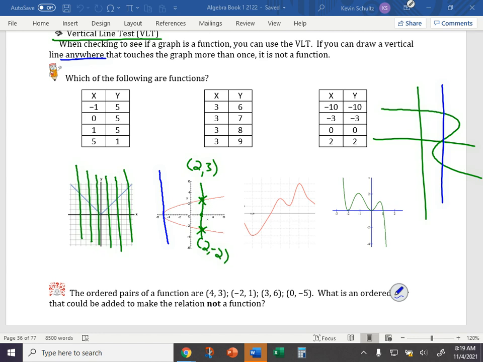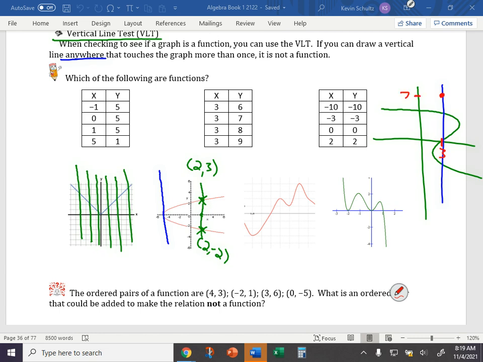Kylie. So if it would have been vertical, it would be not a function? Correct. Why? Because of a vertical line, let's just use this vertical line here that I've got drawn. If this was our graph, this ordered pair, let's call this x value 3.